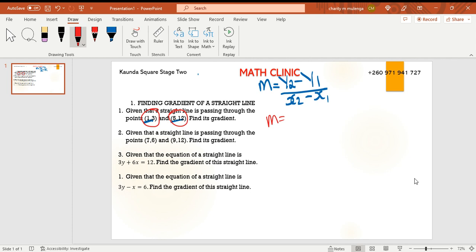Now, with that said, to find our gradient, what we are going to do is label the coordinates given. So we have been given 1, 3 and 5, 12.